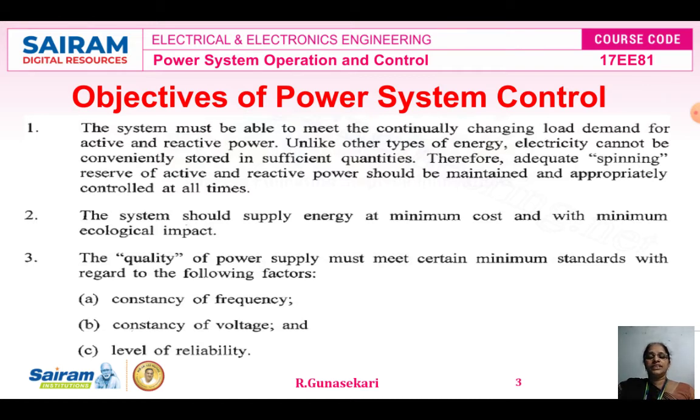So AGC is divided into two controls, AVR and ALFC. The ALFC is used to maintain constant frequency even when the load demand or the generation changes. And how do we maintain constant voltage? The automatic voltage regulator is used to regulate the voltage magnitude.